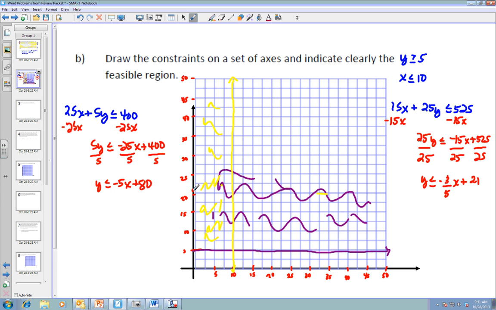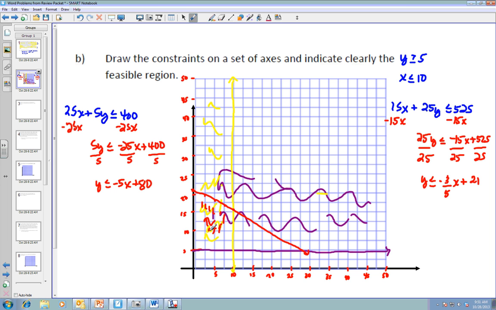Since I went by fives, we're just going to have to estimate, but it's somewhere in this region. So something like this, and that's below this line.